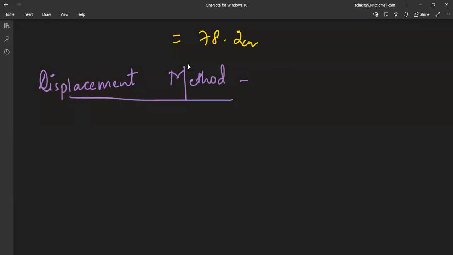Displacement method. Now, for understanding displacement, let me draw the figure first.